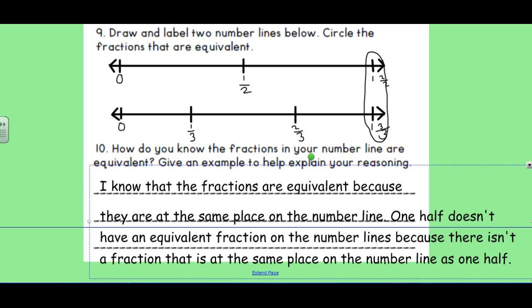So that's what it's meaning as give an example to help explain your reasoning. Because we know that 2 halves and 3 thirds are equivalent because they're at the same place, but there isn't anything that's equivalent to 1 half because it doesn't have another fraction right below it that's at the same place on the number line. So now we're going to move on to the exit slip.